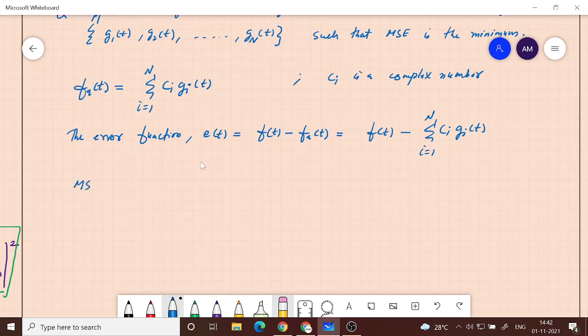So what is MSE? MSE is the inner product of e of t with e of t. So I will drop this t here. I will write it as f minus sigma i ci gi. I will write only gi.